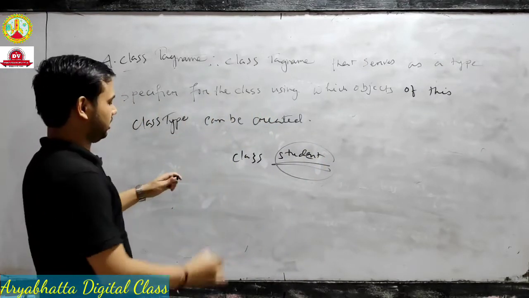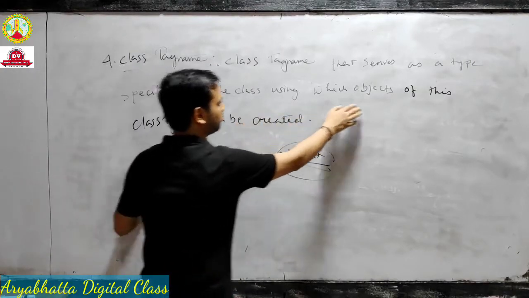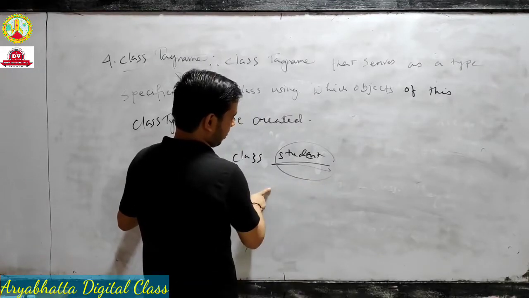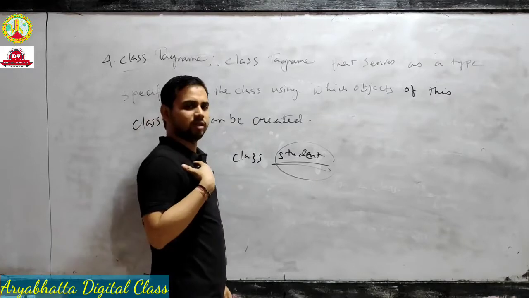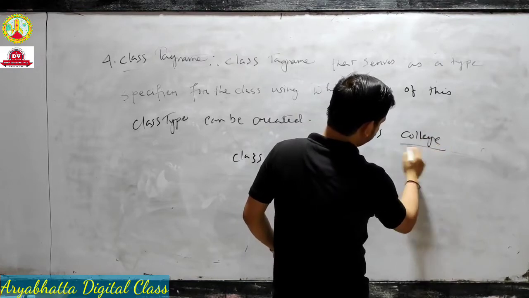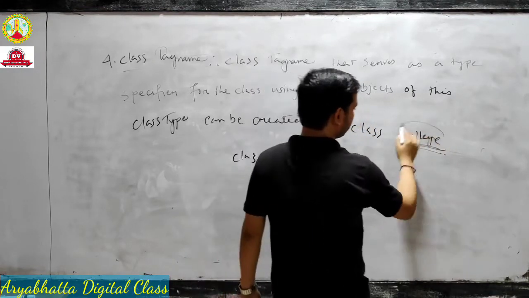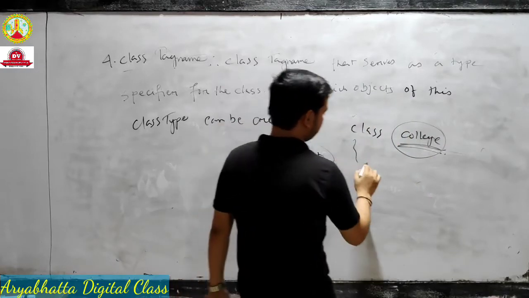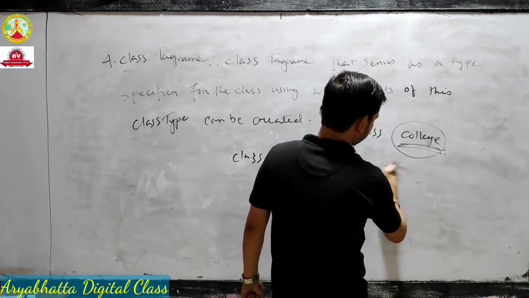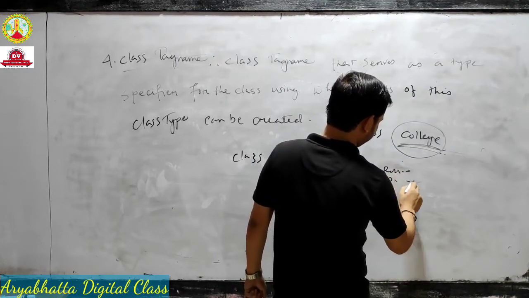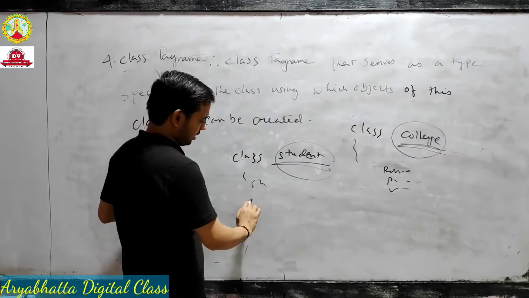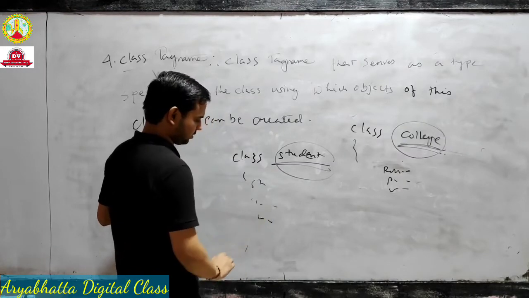This is called the class tag name that serves as a type specifier for a class using which objects of this class type can be created. Class type created means we create this class. The class is created by us, so it is user defined. Suppose we take class college, a group of things, a group of objects, and the data members are roll number, principal name, teacher name, something like that, or in student, student ID, roll number, your name, your marks, your address.